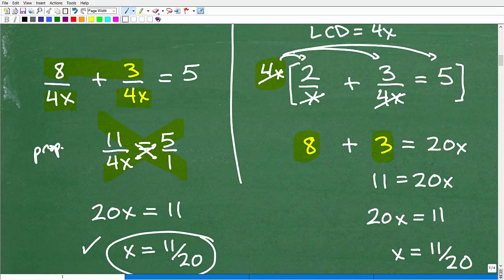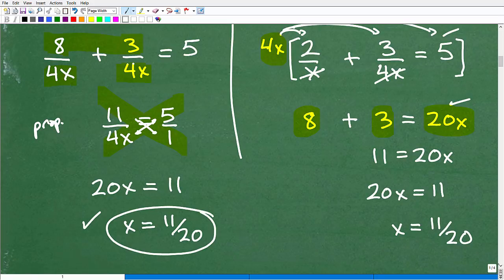And then lastly, I have to multiply 4x times 5 here, and that's going to be 20x. If some of this algebra is bothering you, then obviously you want to brush up on your basic equation solving, the distributive property, et cetera. But if you're with me so far, let's continue on.